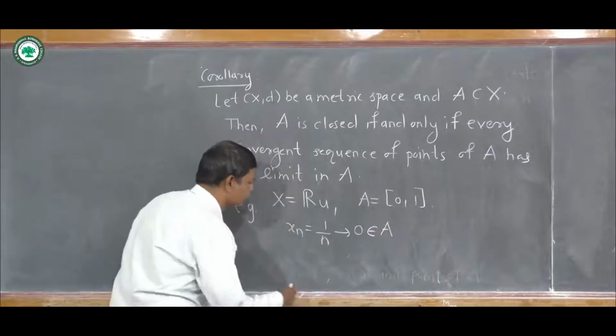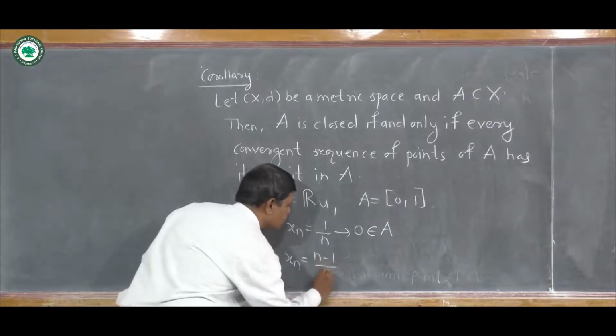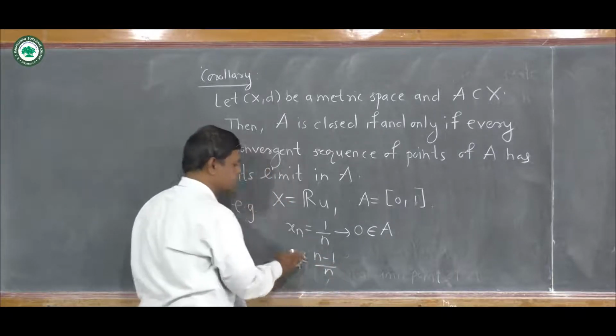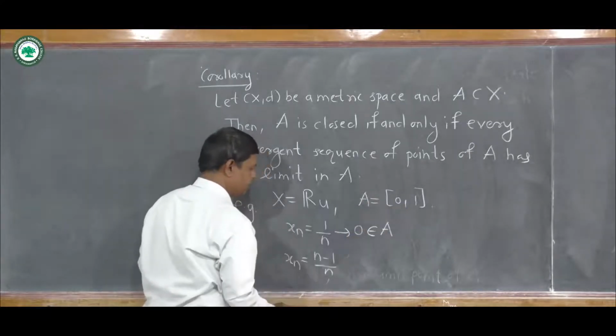Now if you consider again this sequence, (n minus 1) upon n, this is a sequence of elements of this set here.